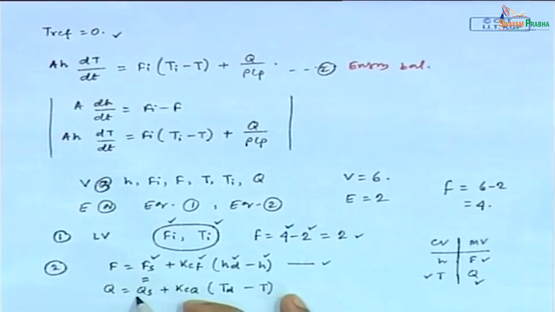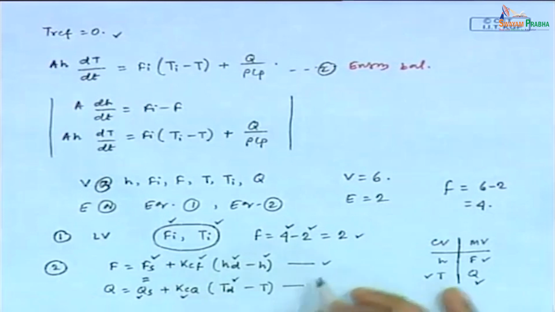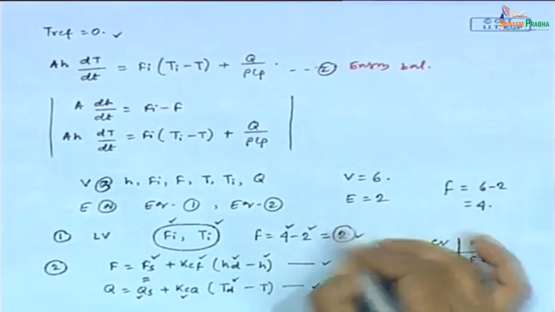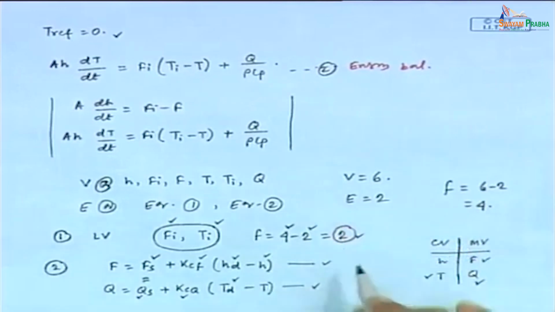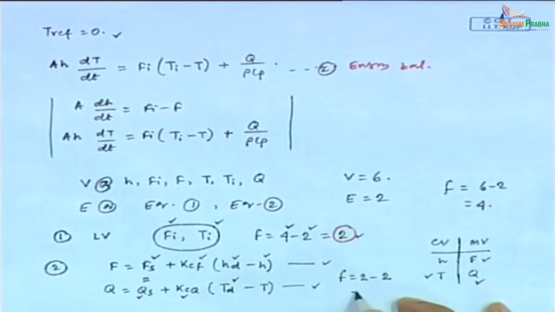Here Qs is the steady state value of Q, Kcq is the controller tuning parameter, that is a constant term, and Td is the desired temperature. So, additionally we are getting 2 equations. We had F equals to 2. Now, if we add 2 equations, then the degrees of freedom becomes 0.